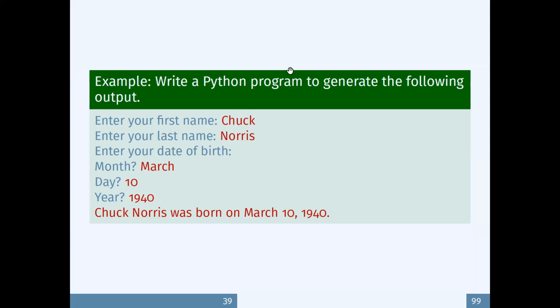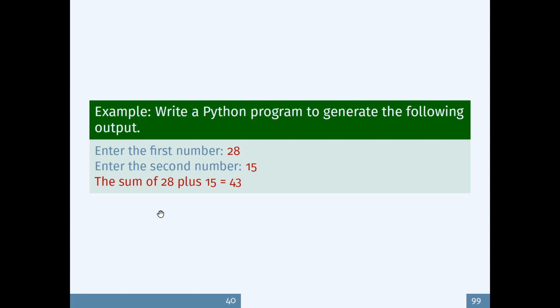Given that you have already done this in the assignment, basically you need the 5 input statements and 2 print statements to print this line and the last line. You can use any of the print statements that we have discussed. And the next one is also the same.